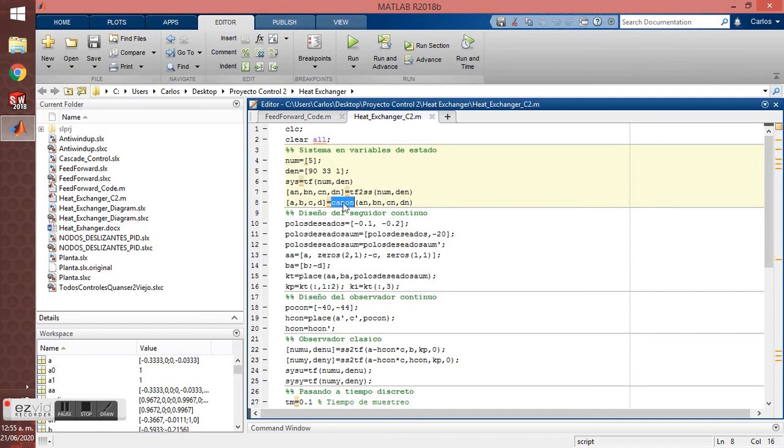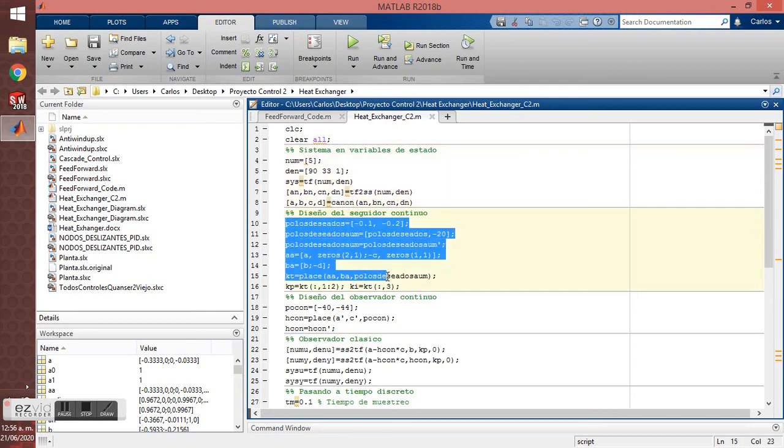Then we proceed with the design of the continuous tracking. For this, we place the desired poles together with the desired augmented poles. We proceed to place the augmented matrices and find the values of KT, KP, and KI.